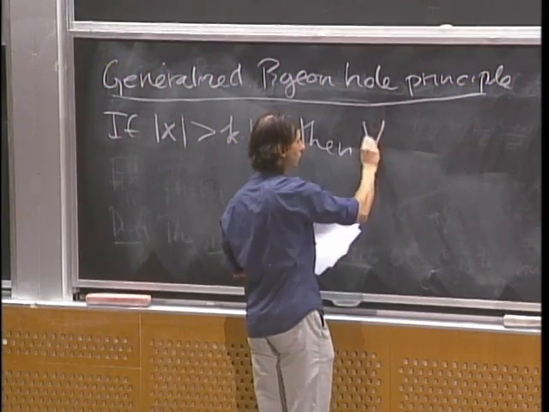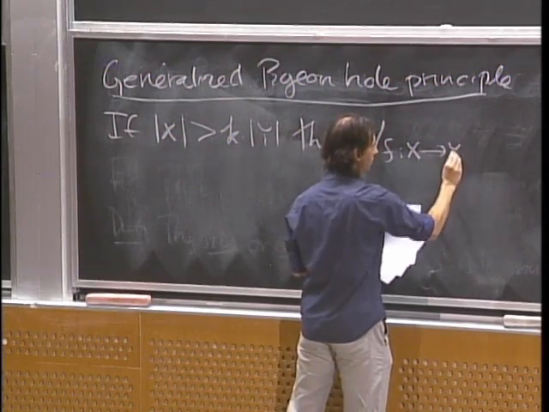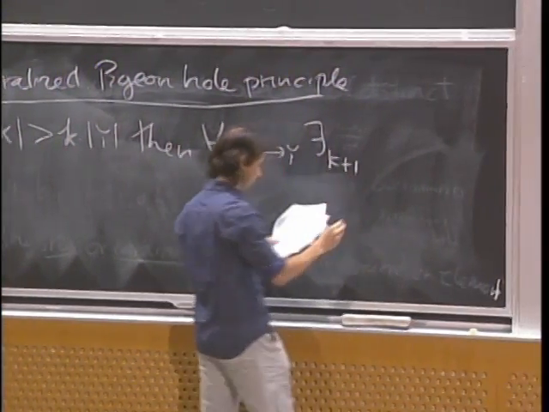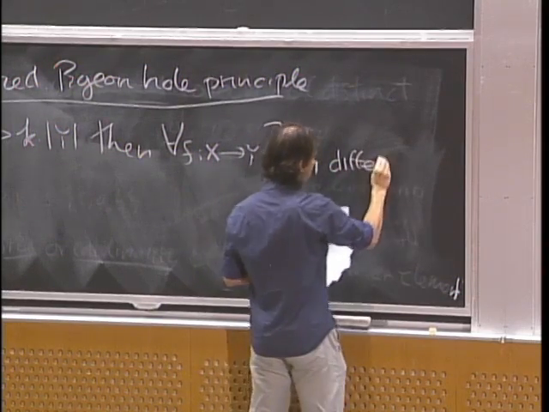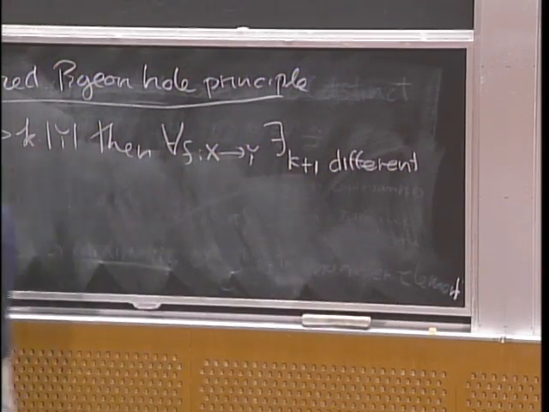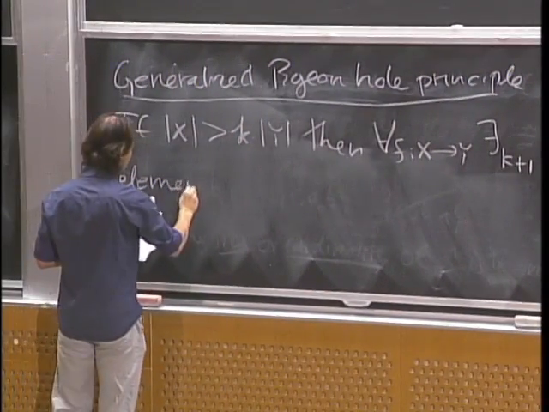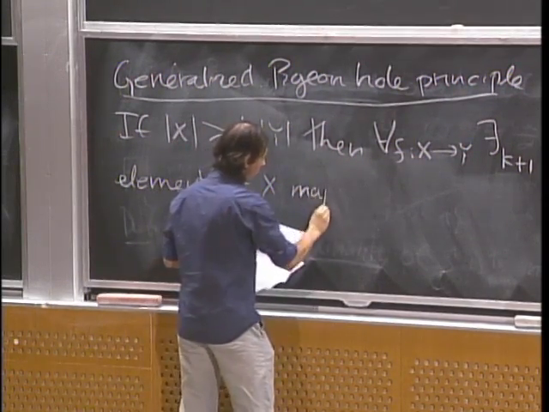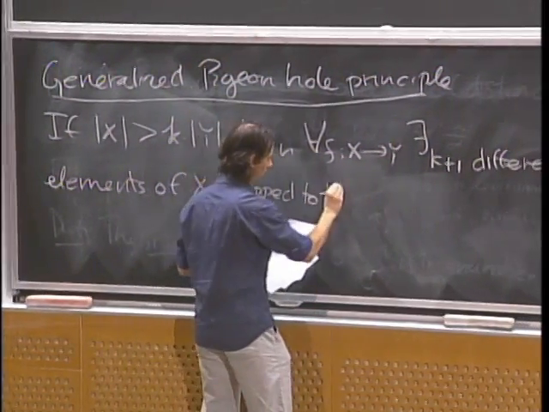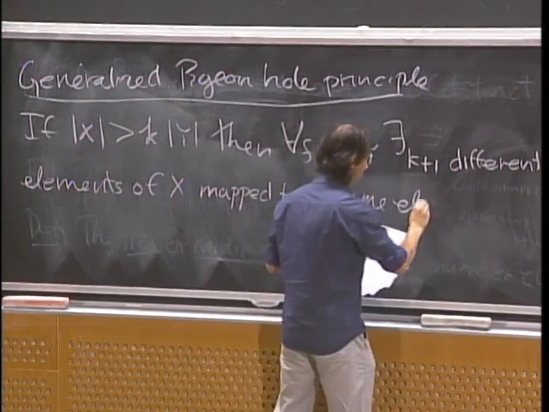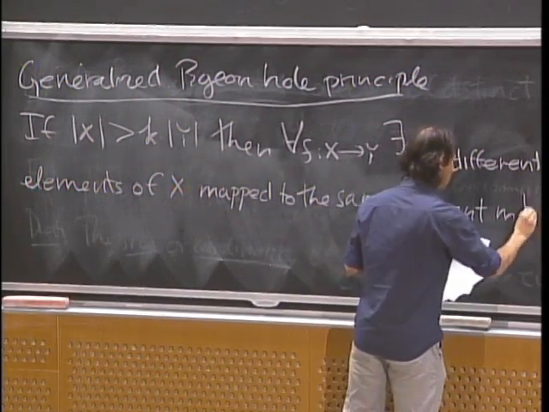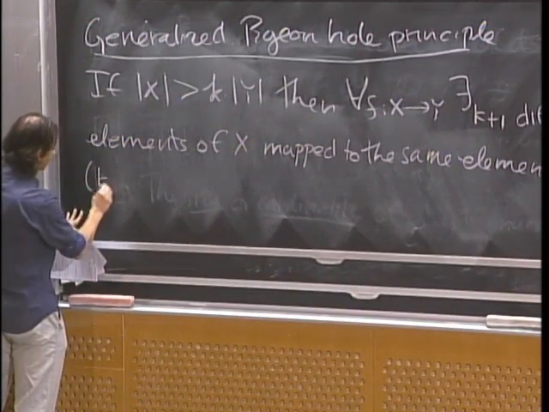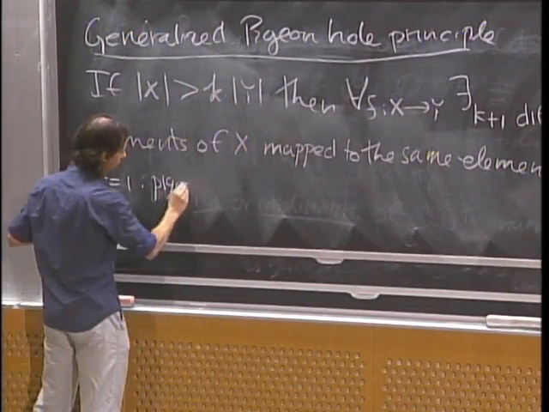Well, I know that for all functions f that have domain X and range Y, there must exist k plus 1 different elements of X that are mapped to the same element in Y. And if we take a specific case, k equals 1, we will actually call this the pigeonhole principle.